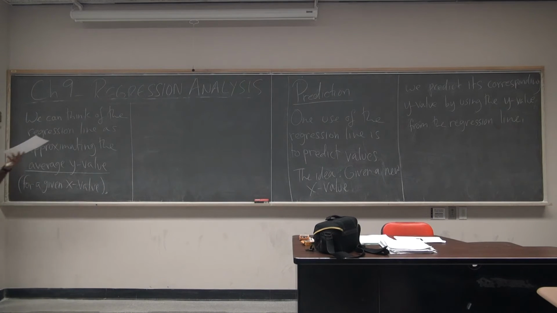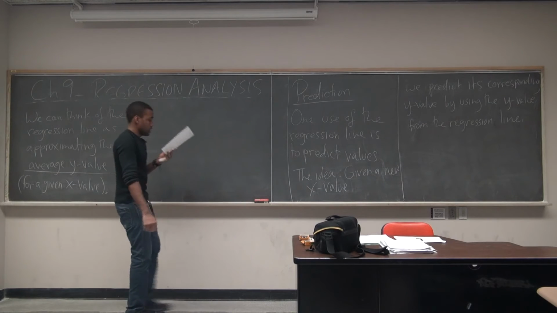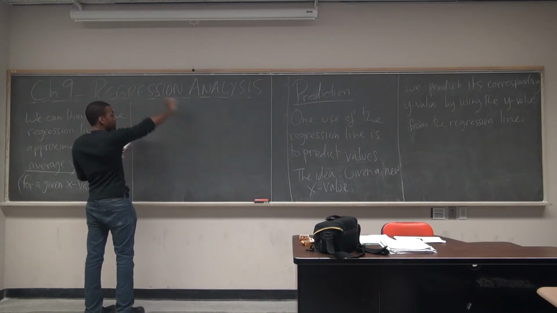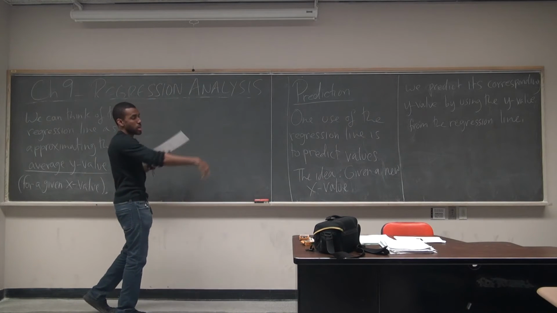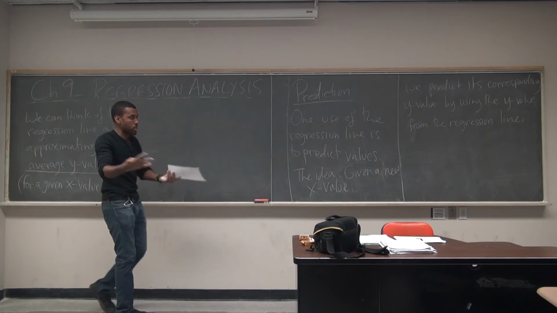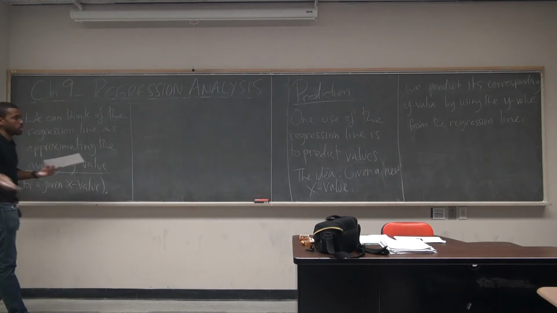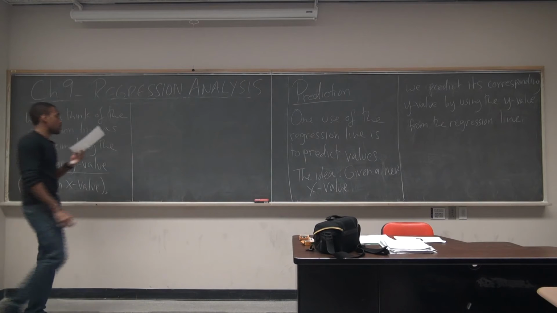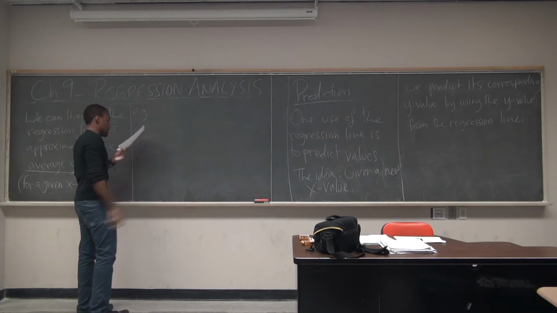Okay, so let's actually do a problem here. Usually if I have a problem on this on a test, part A would be to compute the regression line, and then part B is to use it to predict something. Right, so here's another example.